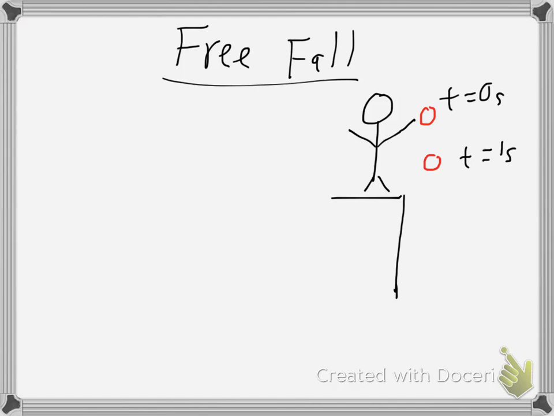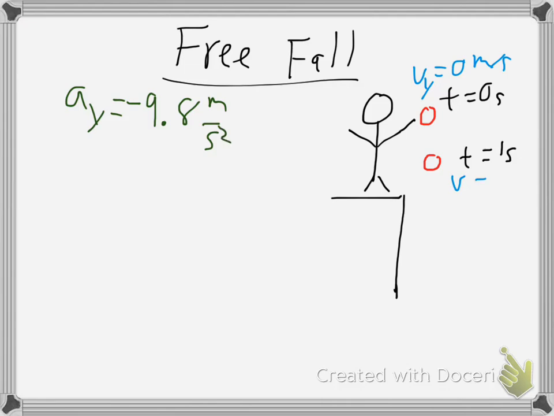All right. After 1 second, what would be the velocity here? So the velocity here is 0, velocity in the y direction. Remember that our acceleration is going to be a constant negative 9.8 meters per second squared. So the velocity at that point is minus 9.8.